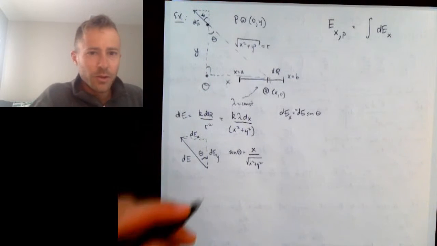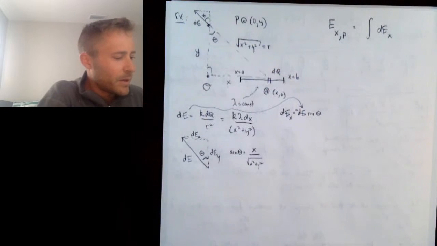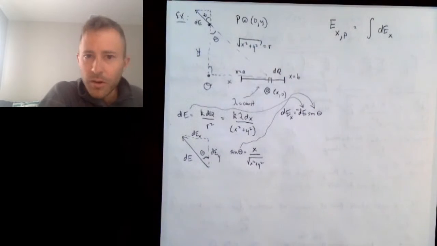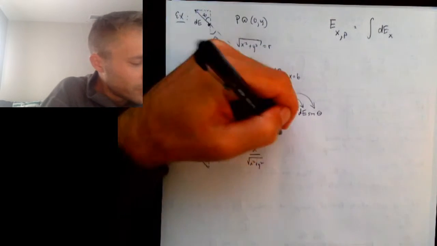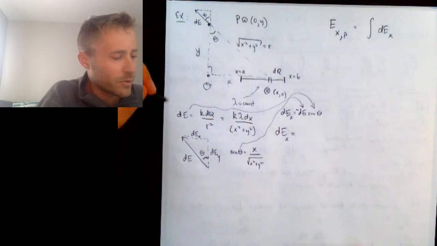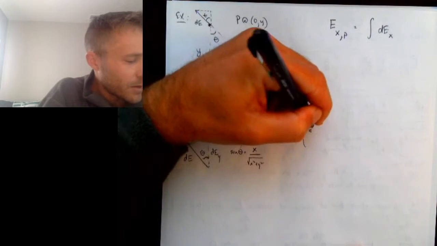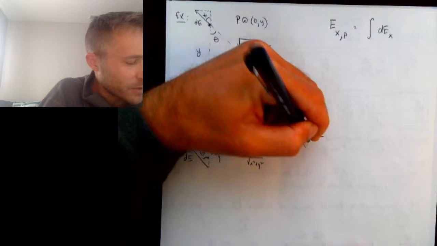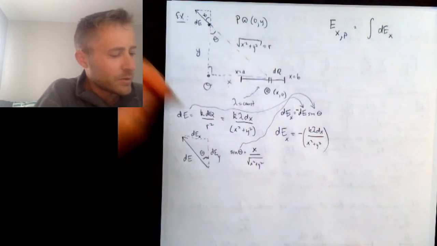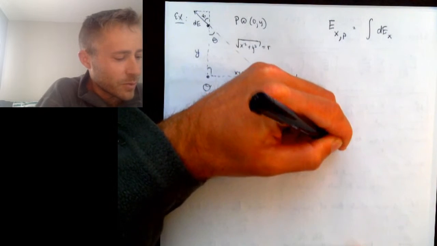Okay, so now I have an expression for dE, and I have an expression for sine theta, so I can plug those in. So I get dEx, the x component of the infinitesimal electric field, is minus k lambda dx over x squared plus y squared, times x over square root of x squared plus y squared.